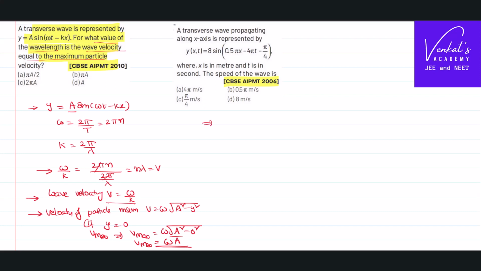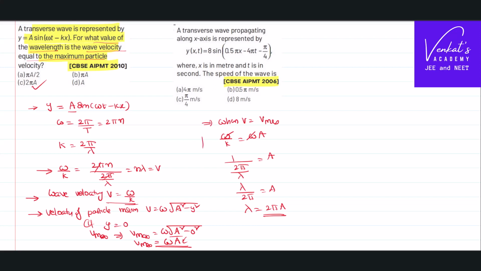Wave velocity is omega by k, and maximum particle velocity is omega a. Omega cancels, so 1 by k, where k is 2 pi by lambda, equals a. So lambda by 2 pi equals a. So wavelength lambda equals 2 pi a, which is the answer.